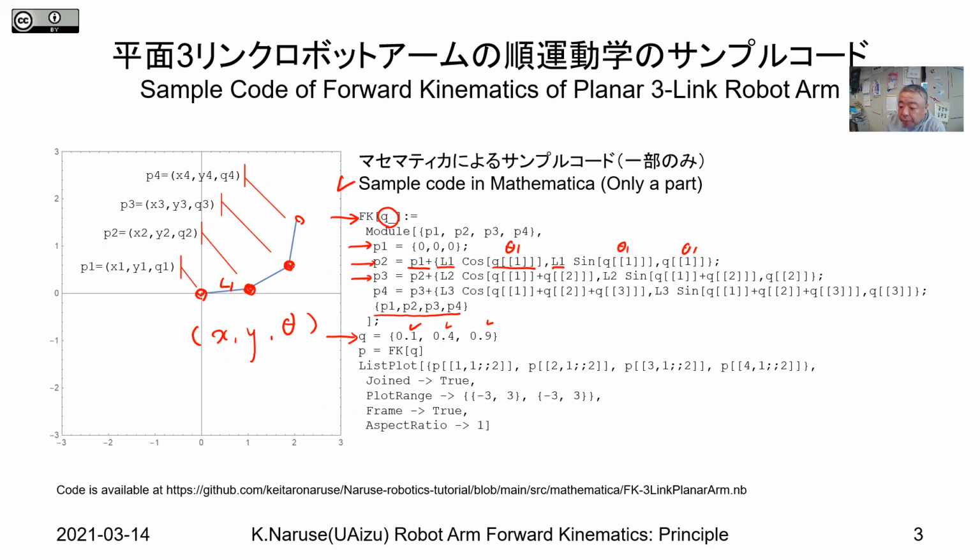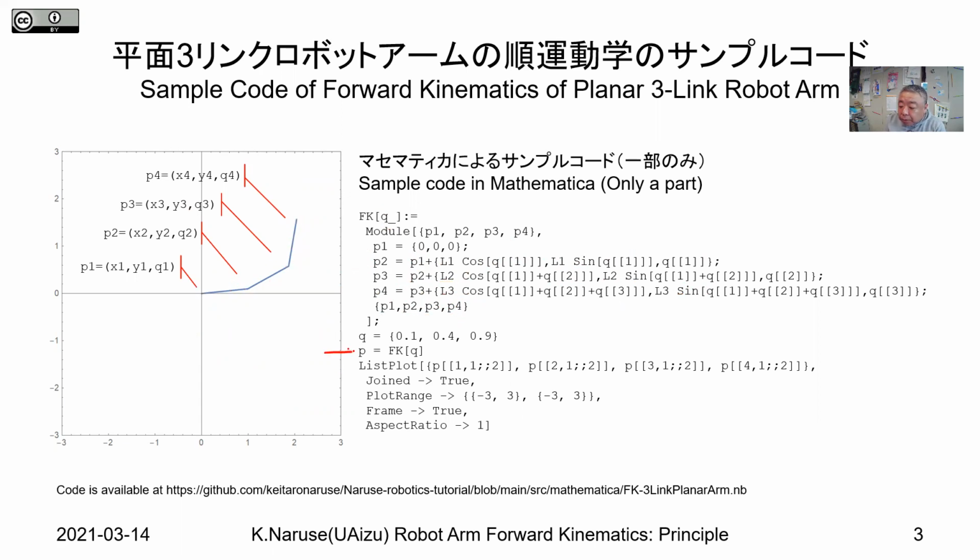Similarly, for P3, we can calculate like this, and the link length is L sub 2. And for the hand point, the hand tip, P4, similarly, we can calculate like this.